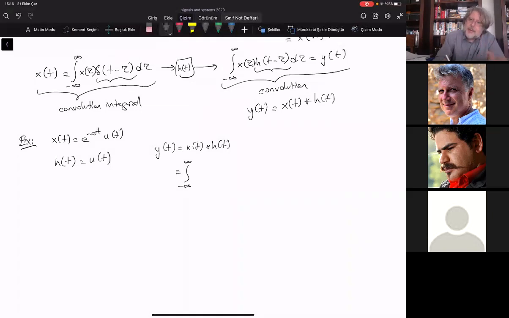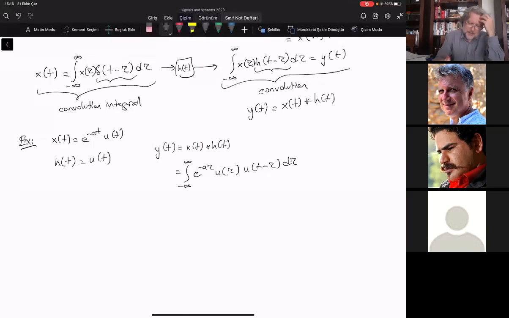Nothing, just a blind way of doing things. e to the minus a tau u of tau. Okay, and then h of t minus tau, which is u of t minus tau, because h of t is u of t, and d tau. Now, what is this?